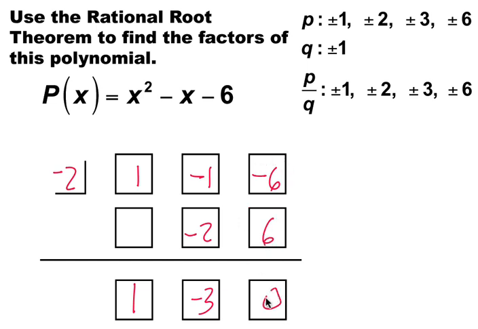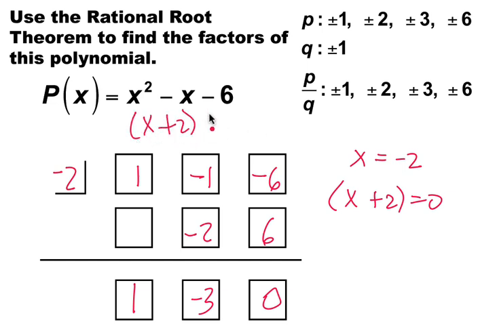These two terms do equal 0, so x equals -2 is a root, and this can be rewritten as x plus 2 equals 0. So this polynomial is x plus 2 times, and here are the coefficients for the other term, x minus 3.